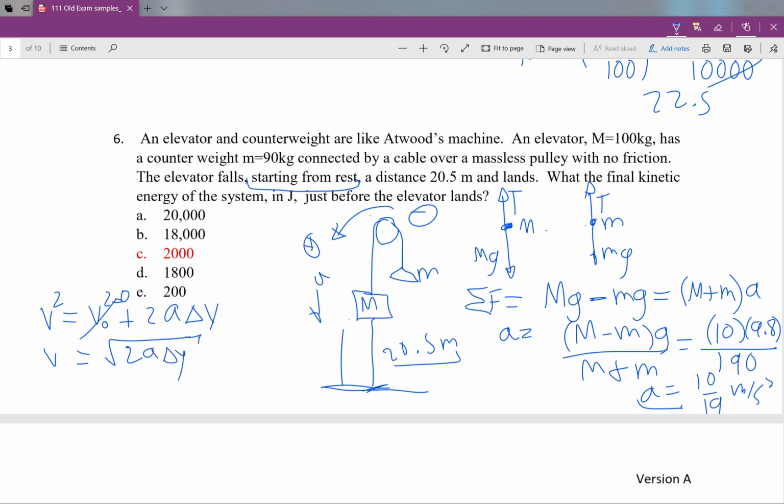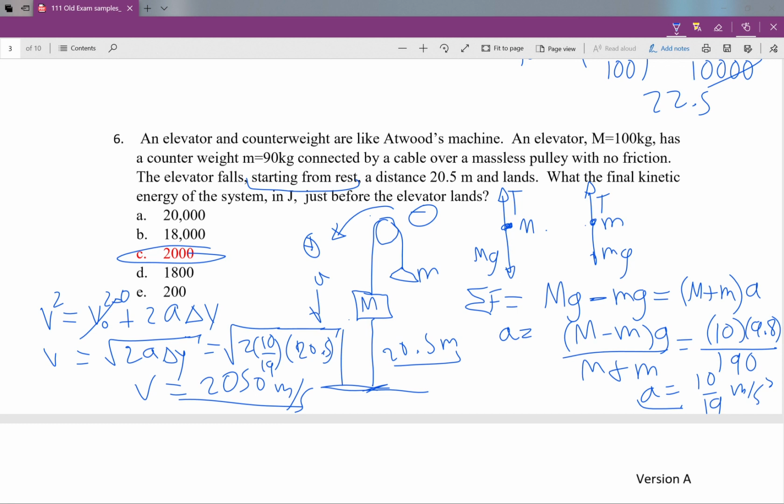If you use the approximation that I made, g equals 10, we get 2 times 10 over 19, times the displacement, which is 20.5. And if you do that, that's going to give you 2050, and that's pretty darn close to 2000. If you don't use the approximation, and actually use 9.8 like you should, you're going to get 2000.